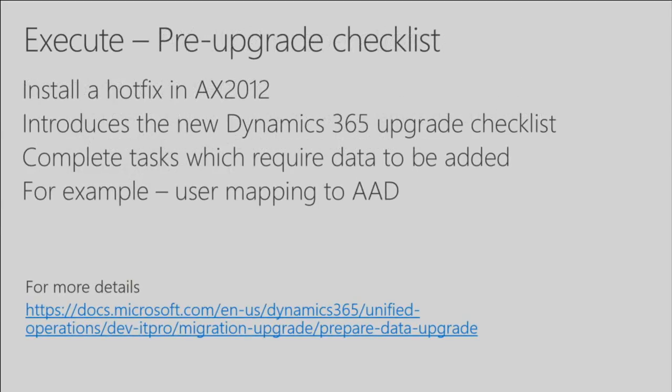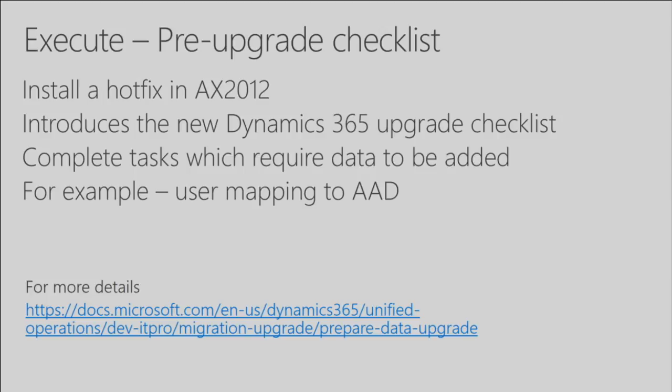There's a pre-upgrade checklist that you will run. That's a part of your analysis that was mentioned during the analysis phase that you will run in this phase. It's actually a hotfix that you'll install on your AX 2012 environment. It is almost like what Paul showed on AX 2009. It adds some new functionality that will help you go through a checklist that prepares your database for upgrade.